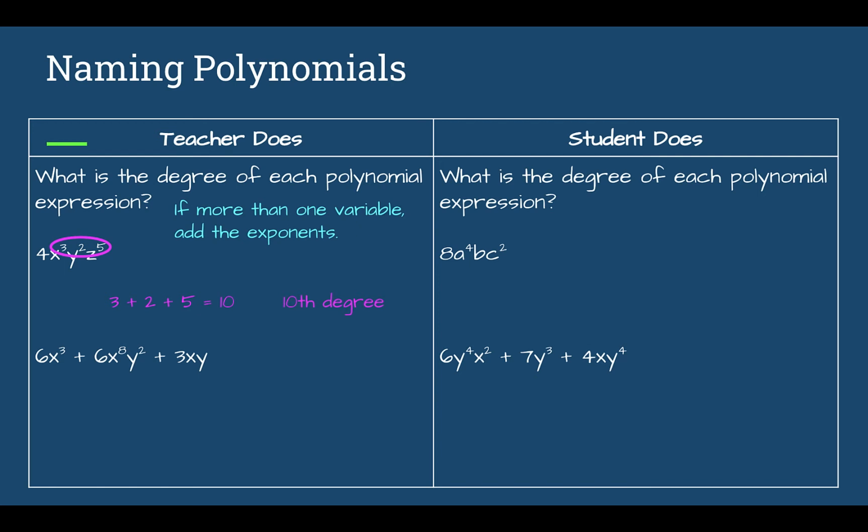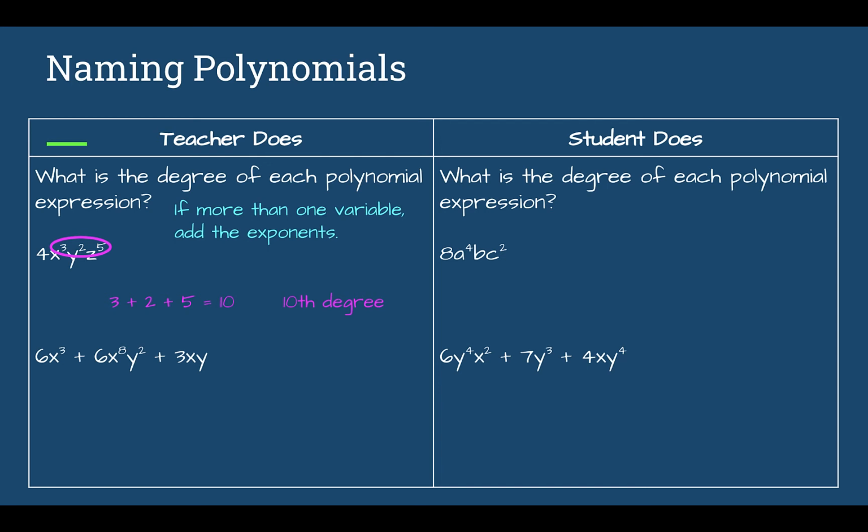Let's look at the next one for a different kind of example. So here we have three terms. It's a trinomial. We have 6x to the third plus 6x to the 8, y to the 2, plus 3xy. When we're finding the degree of this type of situation where there's more than one term, we're going to choose the one that's the highest of all of them.